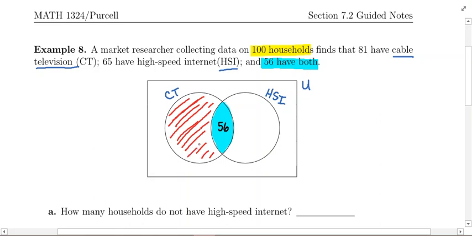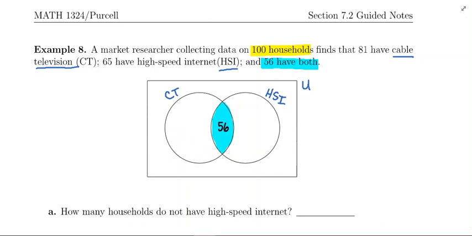It's in the cable television circle, but it's not in the overlap part. So actually, I'm going to shade it with something else. I'll do green. So I'm going to try to look at this part.